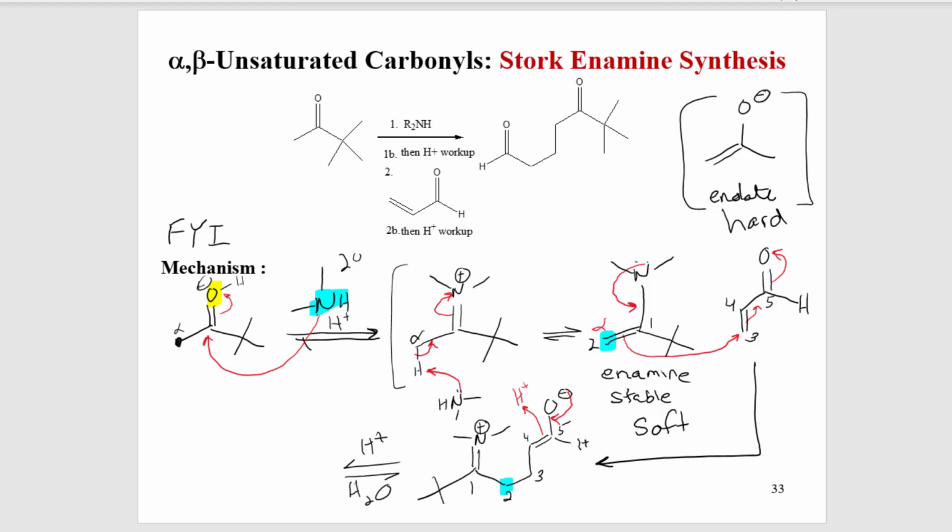And the iminium system is attacked by the water. Remember, I tried to get you to see that imines can be hydrolyzed back to their carbonyls, right? If we drive on the water, ultimately water in, nitrogen out, imines convert back to carbonyls.